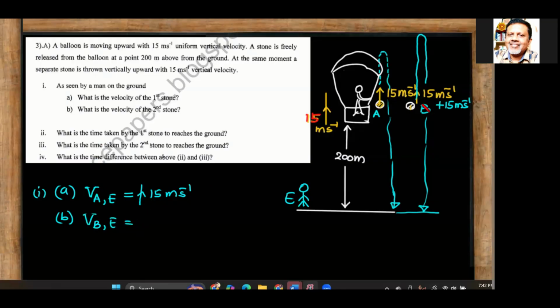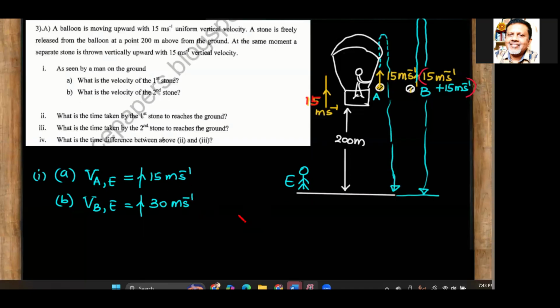Now we can see the second ball will move with two velocities, right? The first one is the velocity given by the person, and the second one automatically comes with the motion of this balloon. So therefore it should be 30, and it is also moving upwards, 30 meters per second. So these are the answers for the first part. Second part, question number 2.